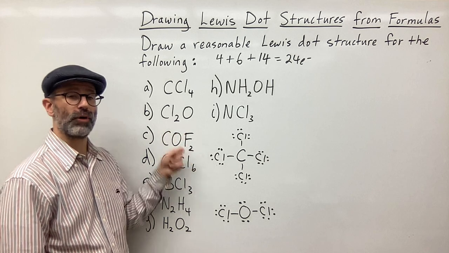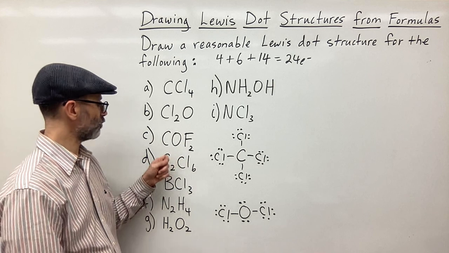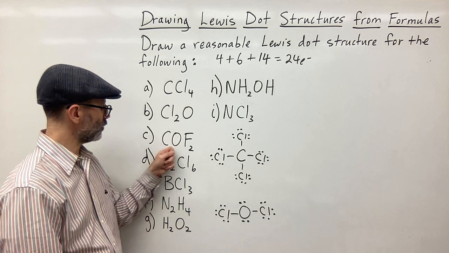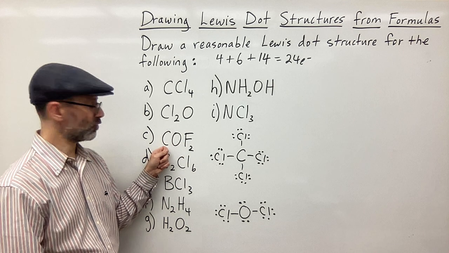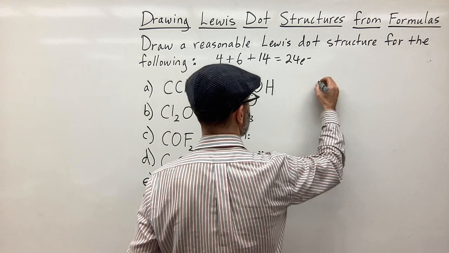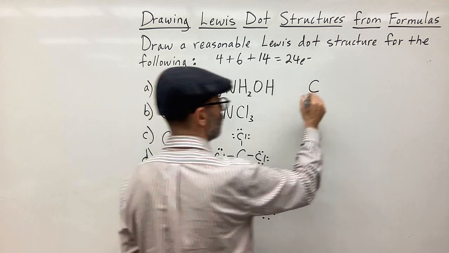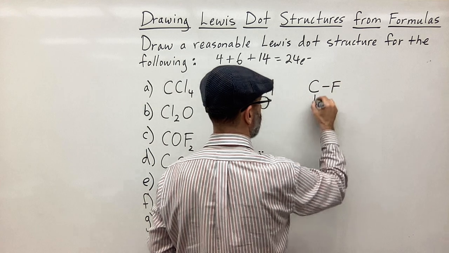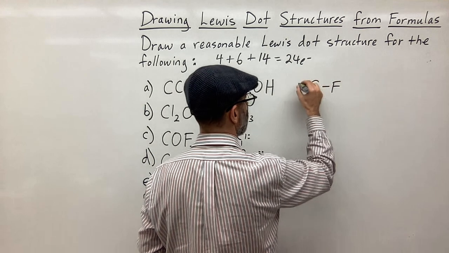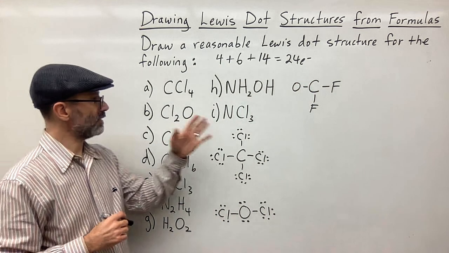If you have fluorine in your molecule, just like hydrogen, ignore it. It's never going to be a central atom. So between carbon and oxygen, carbon would be the central atom here. If we draw it up here, I have carbon, and then the oxygen and the fluorines are going to be bonded to the carbon. So I have a fluorine, a fluorine, and oxygen. So step 2 is done.